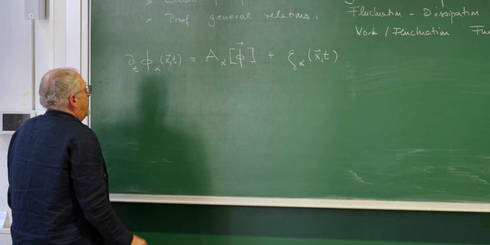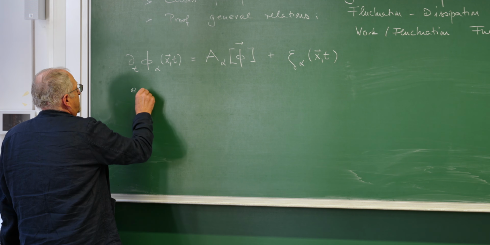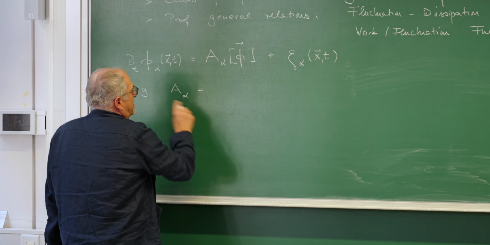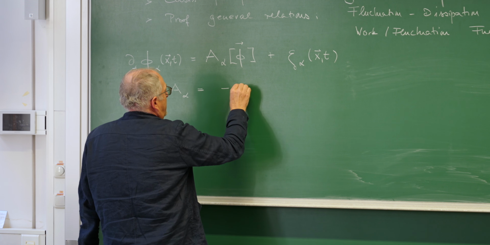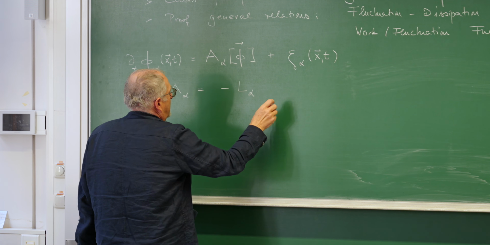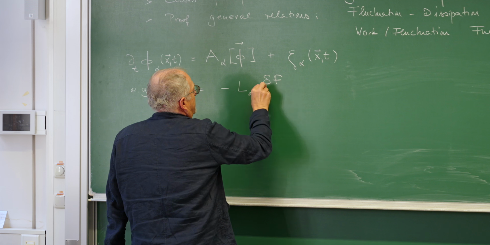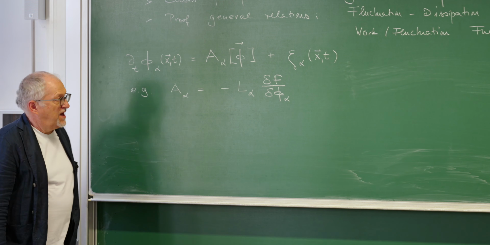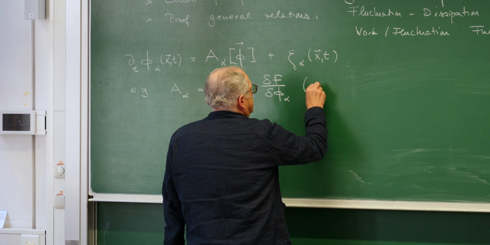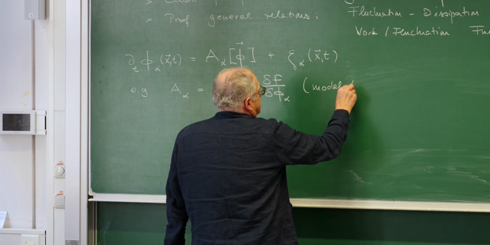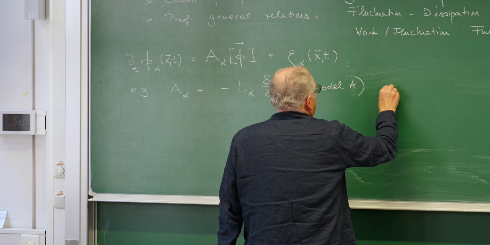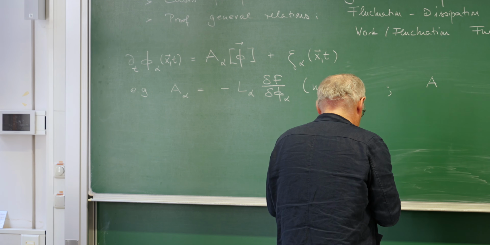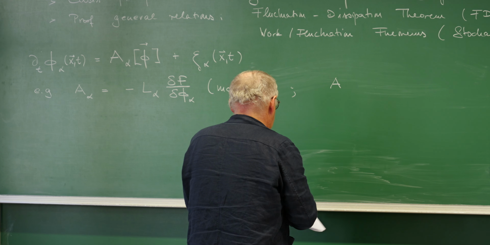So what do we have in mind? We have in mind, for example, that our A alpha is something like minus L alpha dF with respect to d phi alpha. That's model A. Or we could also have that our A comes from model B, and now let me write it for a scalar.